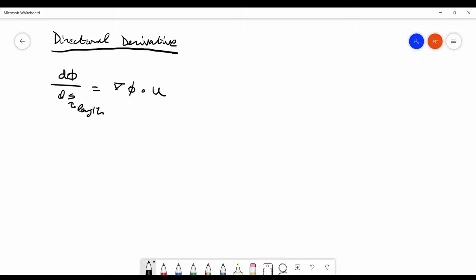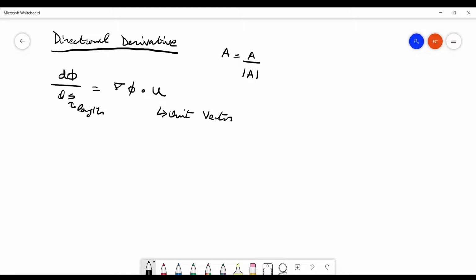And a unit vector, for those of you that need a bit of a refresher, is simply a vector that has a length of 1. If you don't remember how to calculate a unit vector, let's say you have a vector a, it's a divided by the modulus of a.